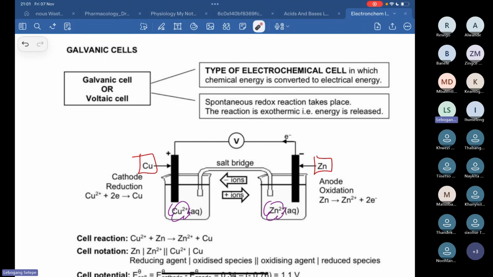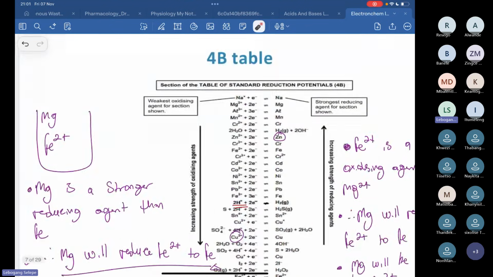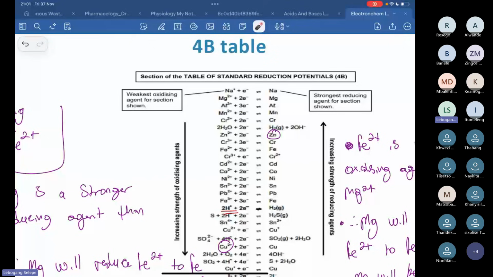All right. So now, when Zn donates its electrons, it becomes oxidized, right? So it's gonna change from Zn to Zn2+ plus 2 electrons, right? No need for you to memorize these reactions because they are there on the table, right? So we started with Zn, so it has to move in that direction.